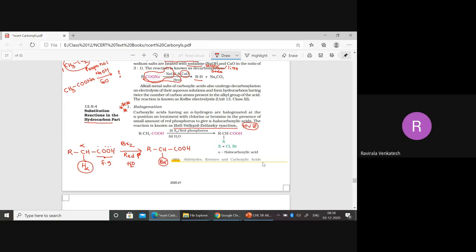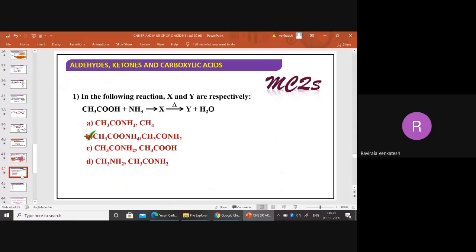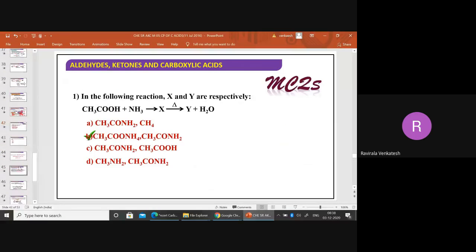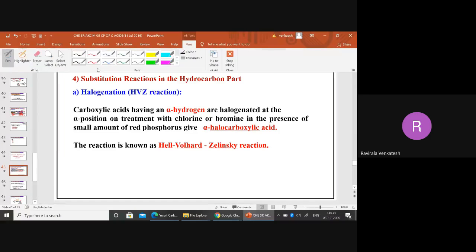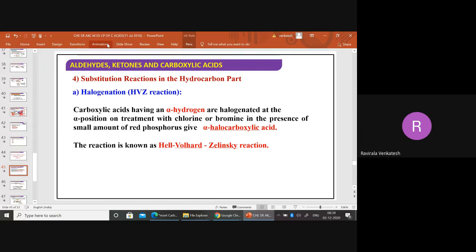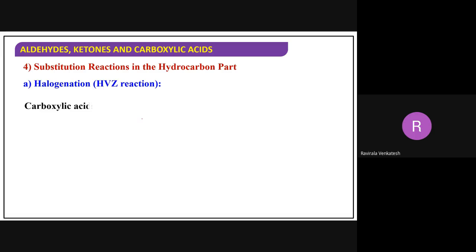Where do we have to keep the bromine? On the alpha carbon. We'll take one example. This one, Hell-Volhard-Zelinsky reaction. Now what happens, you observe here. The substitution is on the hydrocarbon part.